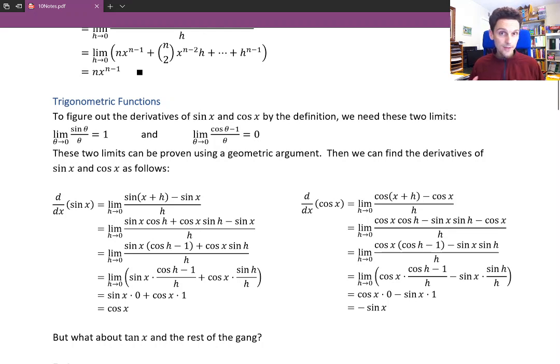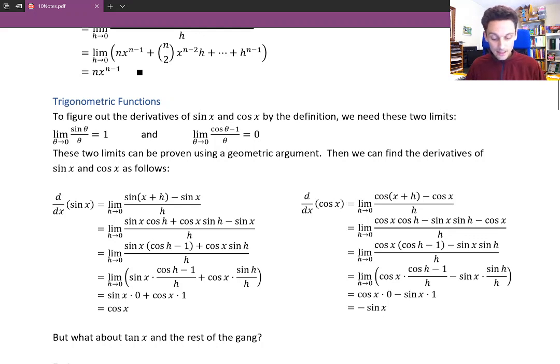We're not going to go through that here, but I hope that you're interested in wondering why that is. Why exactly is that? So you can check out the proof of that limit either in the textbook or you can search it up online. There are lots of geometric proofs out there, and I encourage you to go explore them.